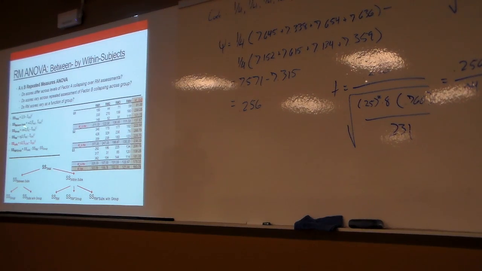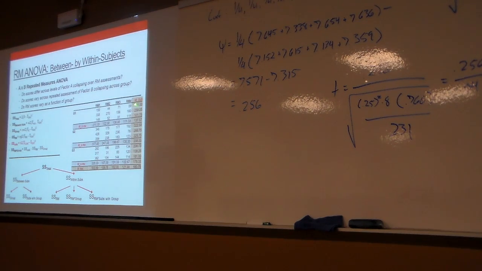Okay. Then what we're going to do is, again, subsection this off into between subjects effects and within subjects effects, or between subjects variance and within subjects variance. For your between subjects variance, you're going to get the mean of each subject minus the grand mean. So this is for group 1, group 2, group 3. This is person means across each one of these repeated assessments, right?